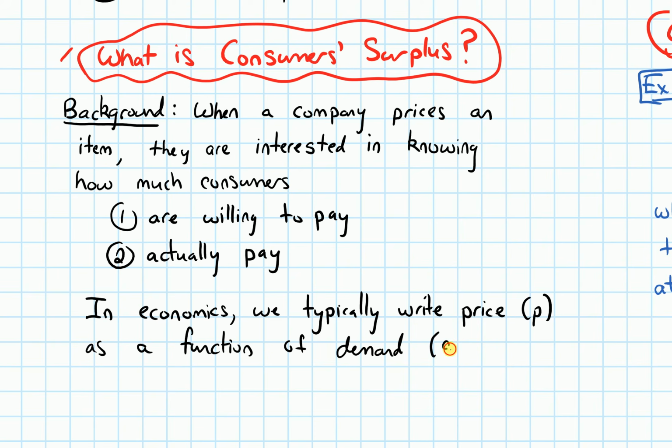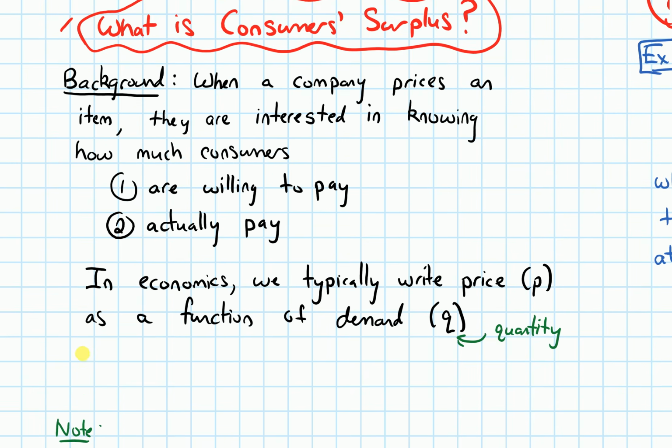And I'll denote demand by Q. That's the convention that we've used since Math 30. One way to remember that is that I think of Q as representing a quantity. It's a little bit weird that we don't call demand D. We call it Q, and the way I think about it is Q refers to quantity.